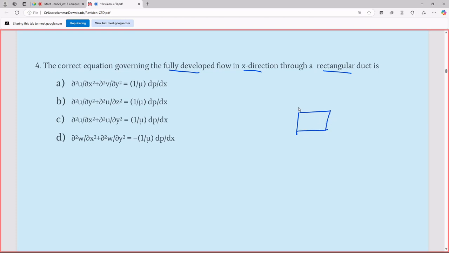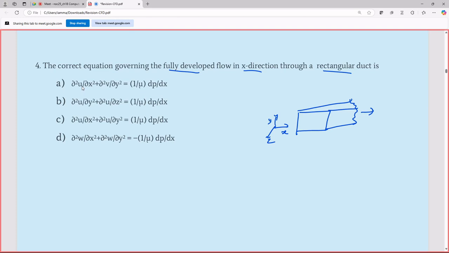This is the duct, with the x direction like this, and y, z. So what will be the equation?